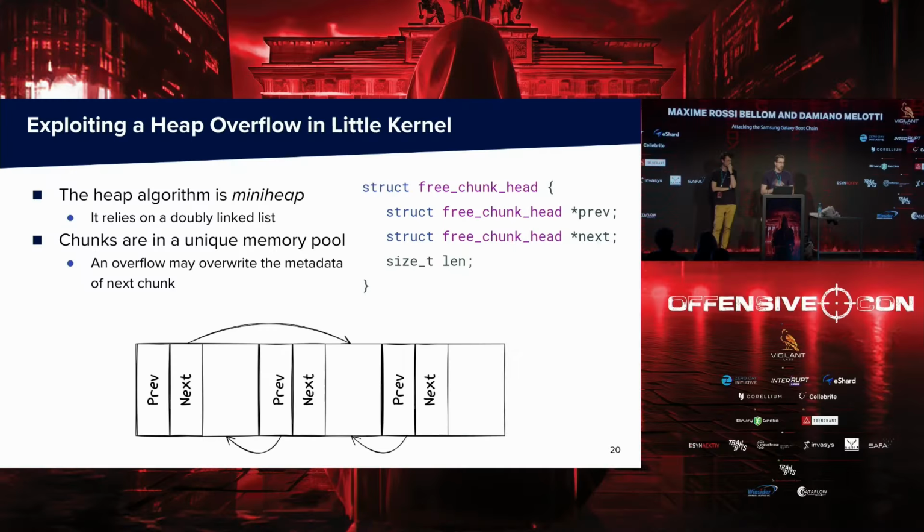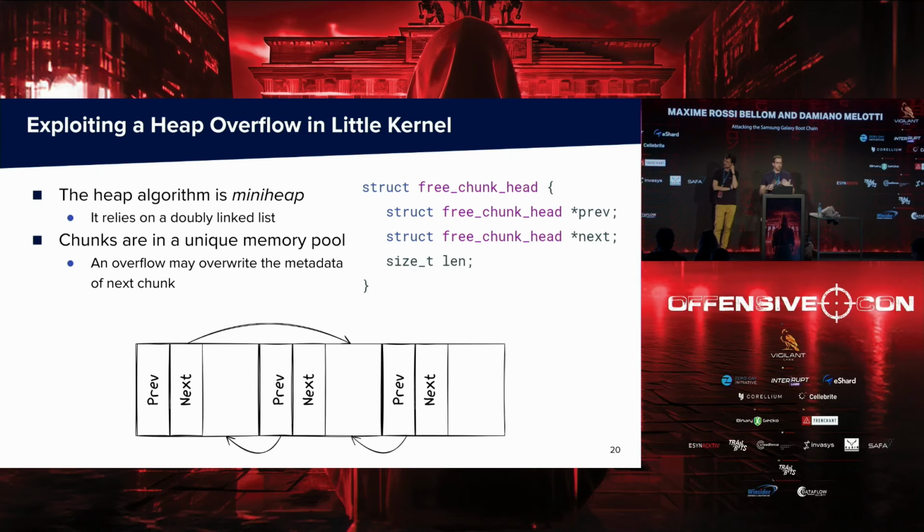It relies on a doubly linked list. You see on the right the format of the header, so you have a pointer pointing to the previous chunk, then another one pointing to the next chunk, followed by a size, and then followed by the content of the chunk. So all the chunks are following each other in the same unique memory pool, which means that when an overflow happens, you may overwrite the metadata of the next chunk.